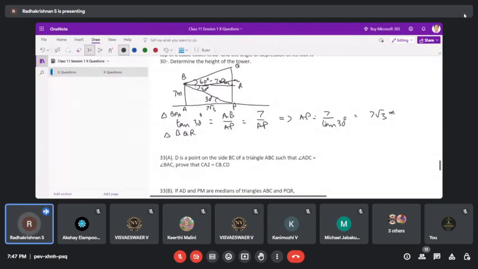We have to determine QR now. So we know the side BR, 7 root 3. This angle also we know, 60 degree. So tan 60 equal to QR divided by BR. So QR is, and BR is 7 root 3. The AP is equal to BR.